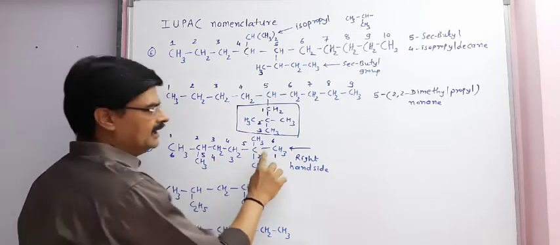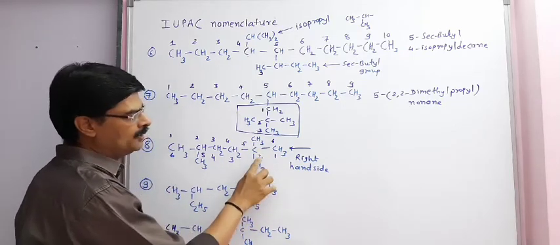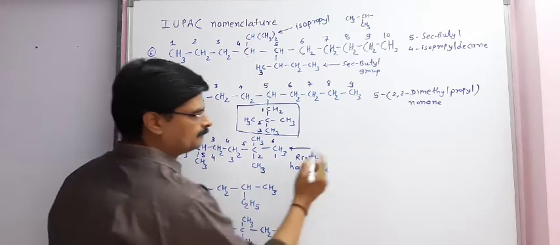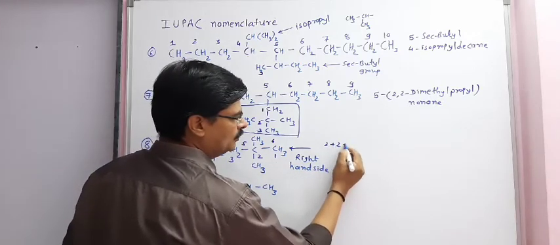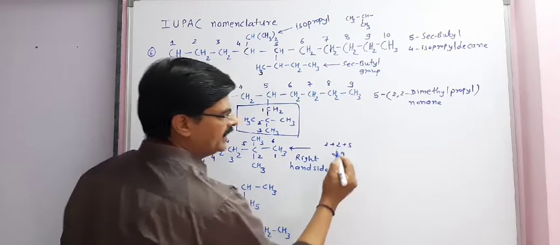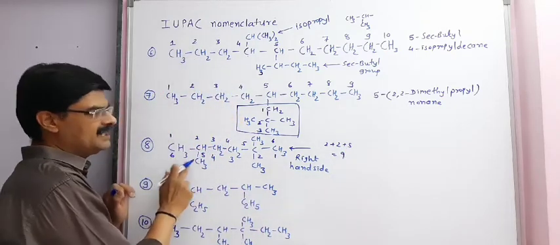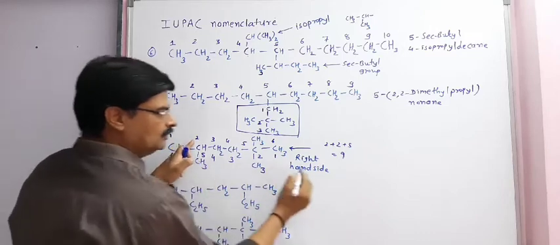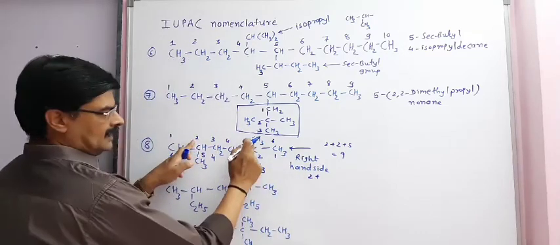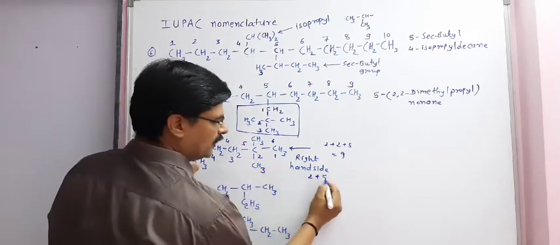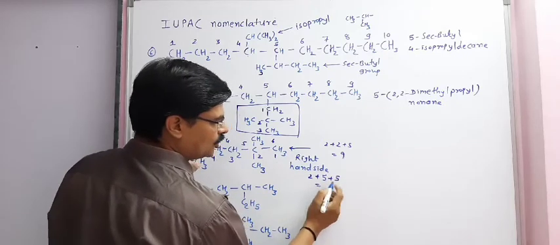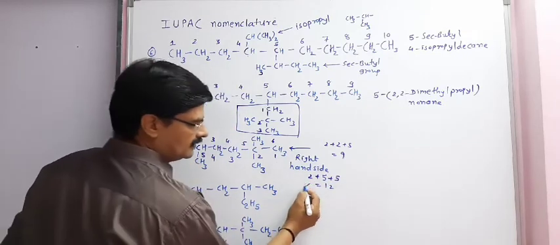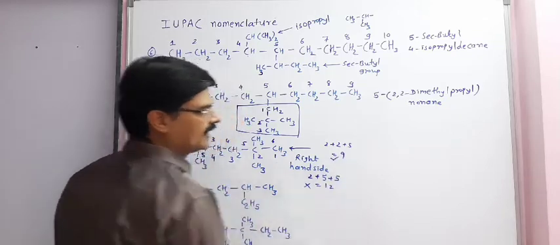That is why if we make the total of 2, 2 and 5, 2 plus 2 plus 5, total will be 9. But if we had started from left hand side, then the total will be 2 plus, now we will get on 5 numbers, so 5 plus 5, so total will be 12. That is wrong and this one is right.